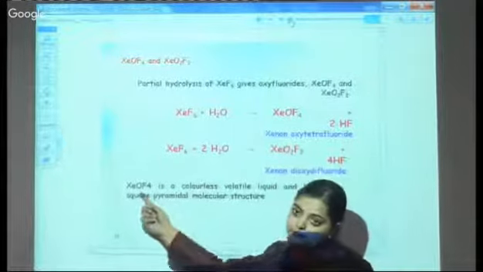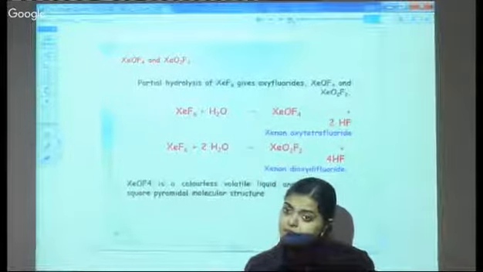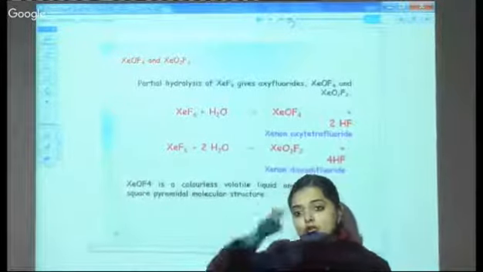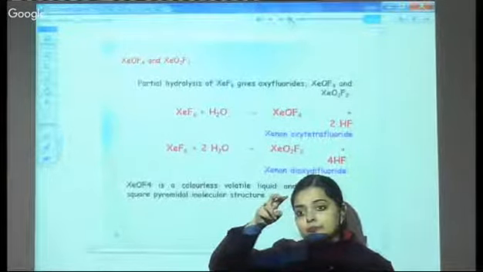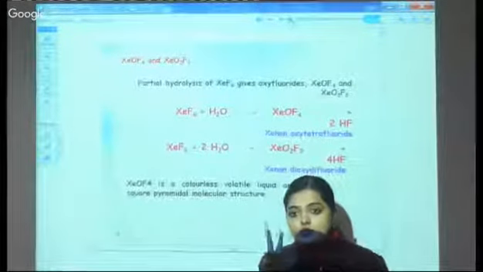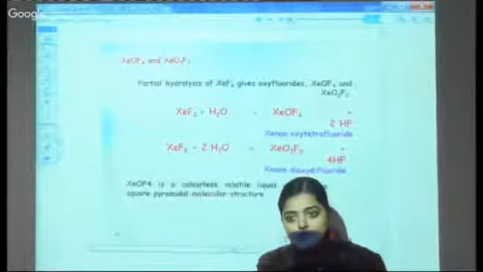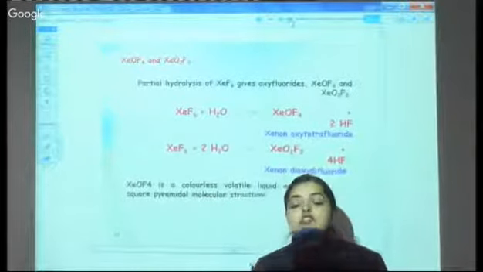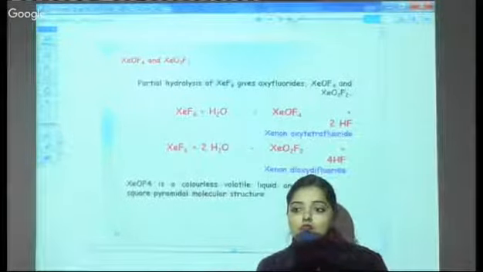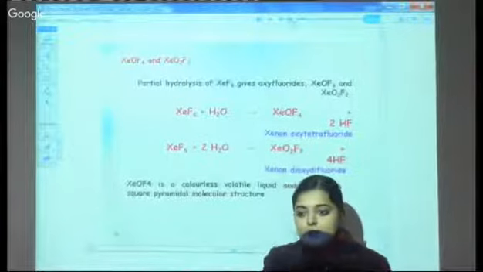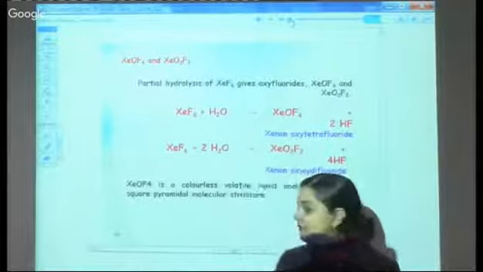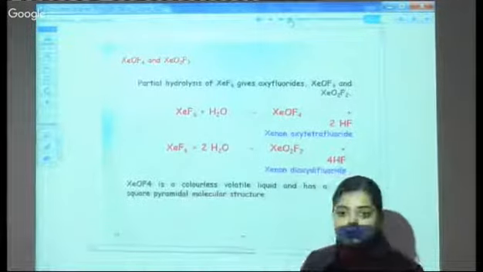XeOF4: 4 in plane, 2 for oxygen. How many are left? 2 electrons are left, 1 lone pair, that is at the bottom. But the geometry won't count the lone pair. So it will be square pyramidal. Fine. So square pyramidal is the geometry.